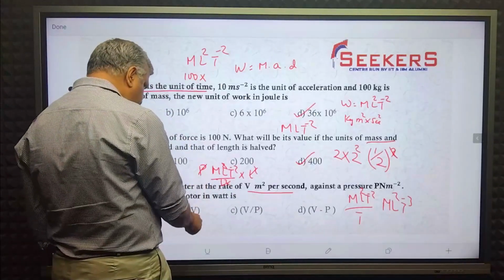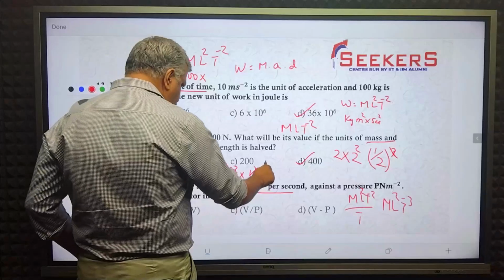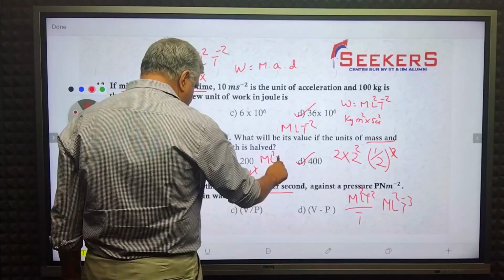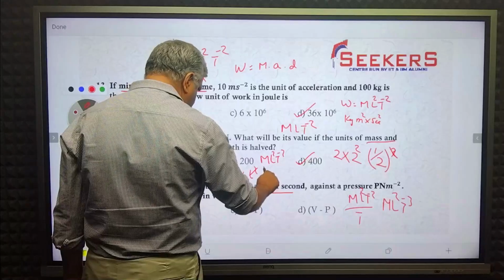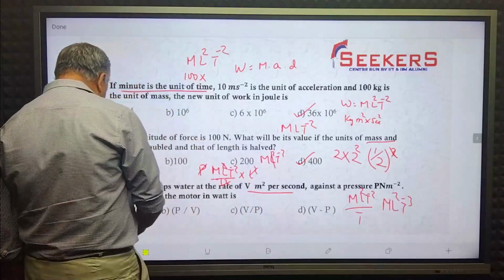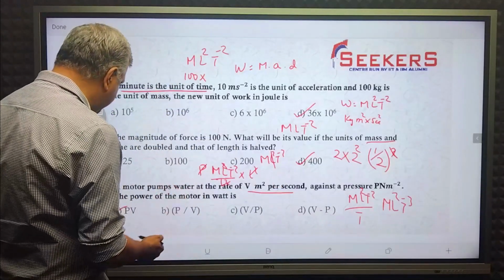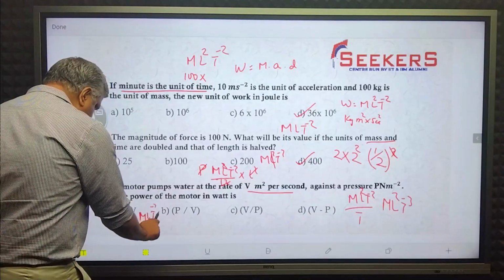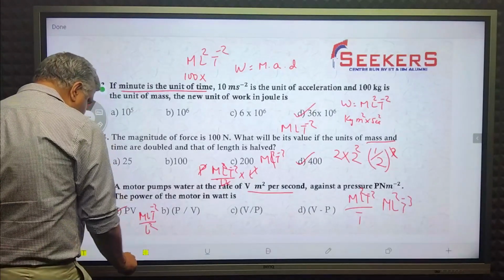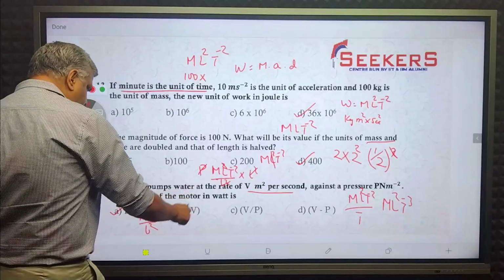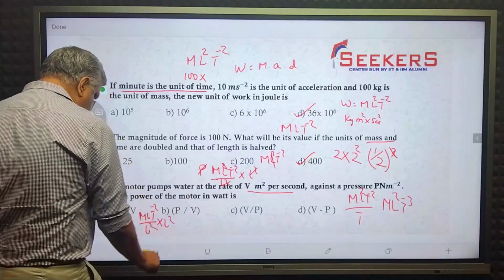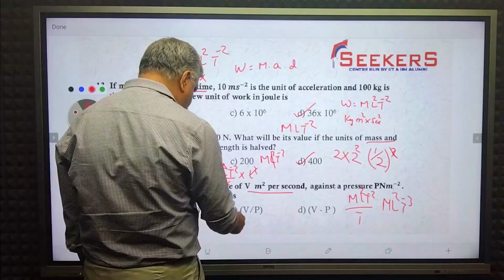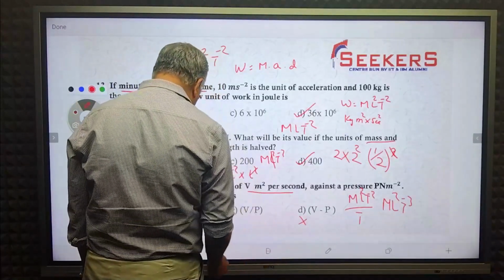If I do P by V, P is M L T power minus 2 by L squared, yeah, so I think option A should give me the answer. I made an error here. Pressure is force by L squared, that is M L T power minus 2 by L squared. Then again they are talking about into L squared. So this L squared will get cancelled. V by P cannot give you the answer.